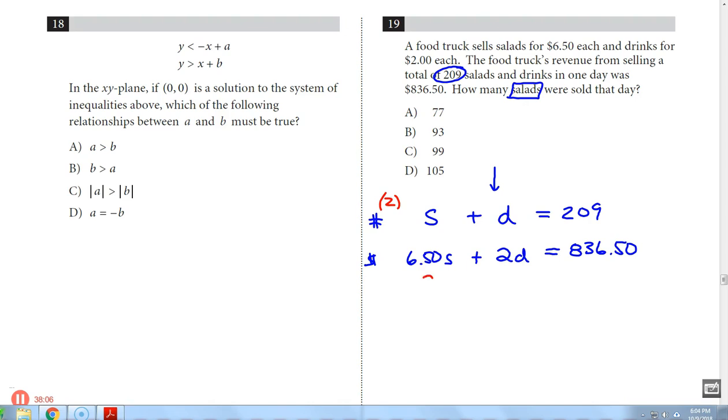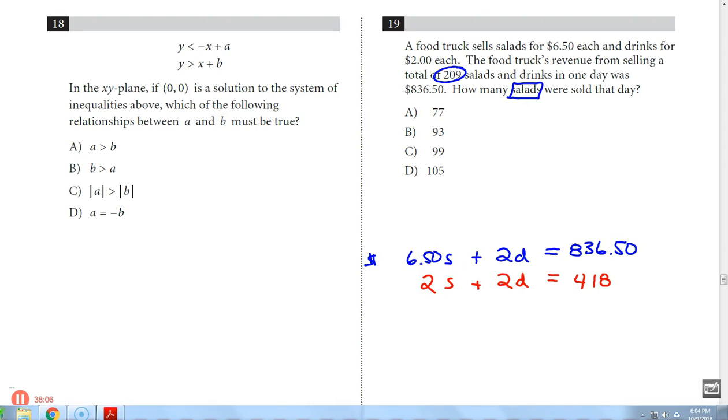I'm going to have 2 S's plus 2 D's equal 418. So all I did there was I times 2 by S, 2 by D, and 2 by 209. I scaled it up by a factor of 2. So now, this equation I really don't even need to pay attention to anymore. I have a new equation down below.